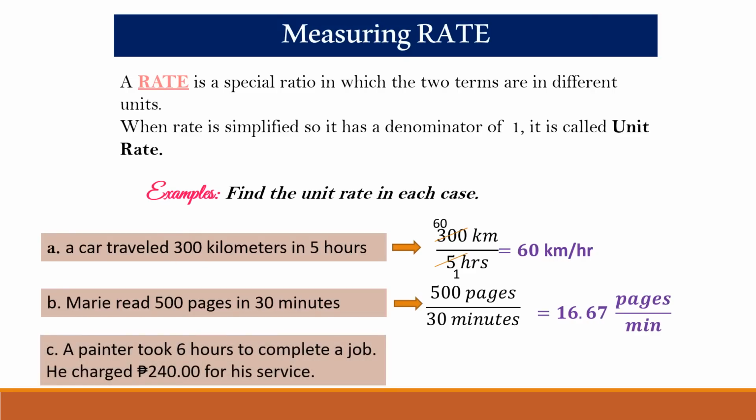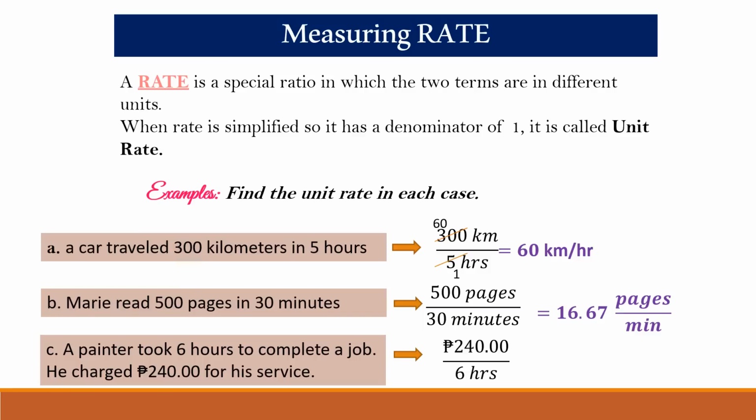And lastly, a painter took 6 hours to complete a job. He charged 240 pesos for his service. Let us find the unit rate. And to do that, we just write it in fractions.